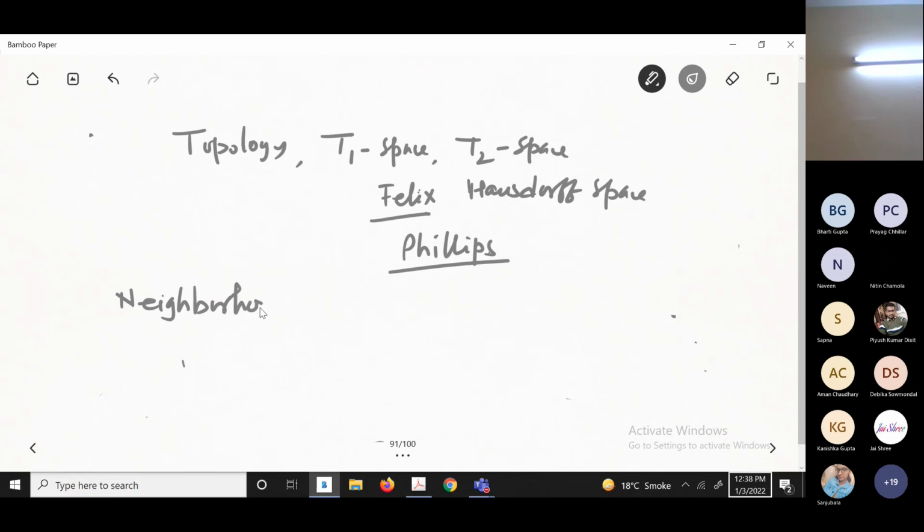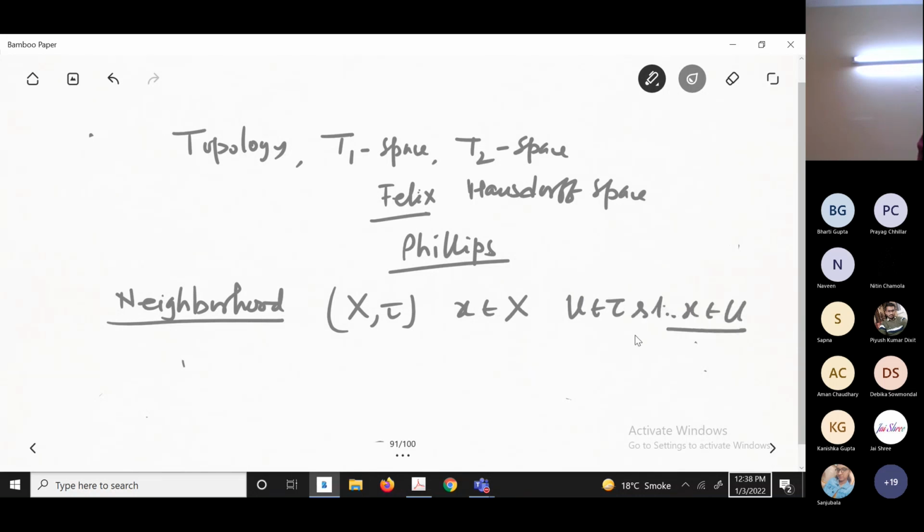Since we do not have a concept of distance here, suppose you are taking a topological space X and x belongs to X. Suppose U is an open set, that means U belongs to tau such that x belongs to U. Then any open set U containing x is called a neighborhood of x, in short an N-hood of x.